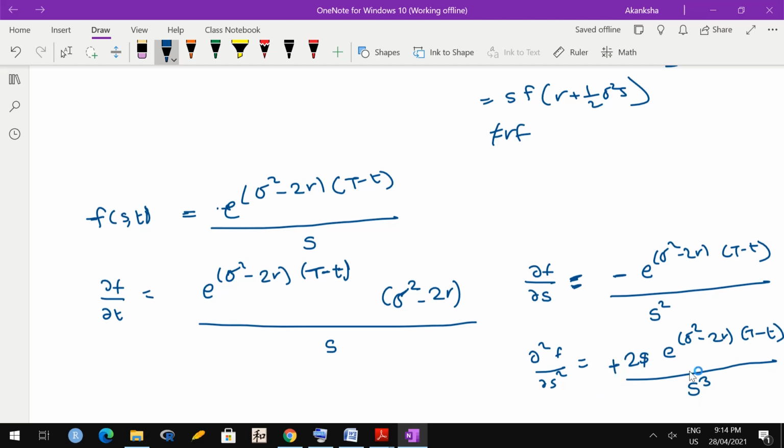So this S gets cancelled with this, and you can actually show that with these values, the BSM differential equation is satisfied. Hence, this is the price of a tradable derivative.